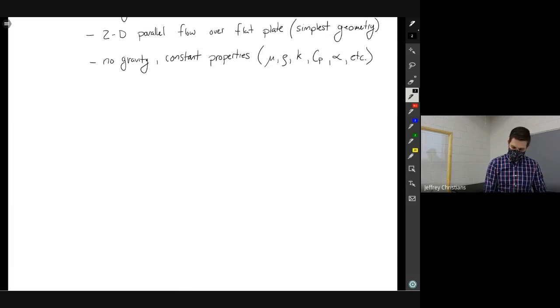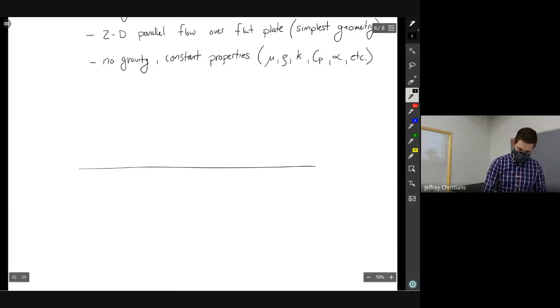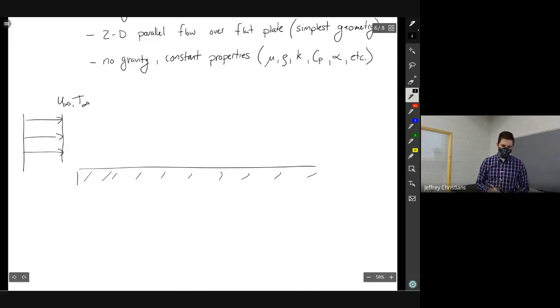So what this looks like, again, we've drawn this a whole bunch. Here's our flat plate. You're getting sick of drawing this, I bet. Here's our flow, this is U infinity, T infinity. Our plate is at a constant temperature Ts.